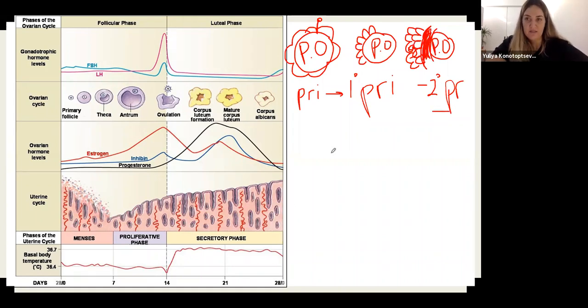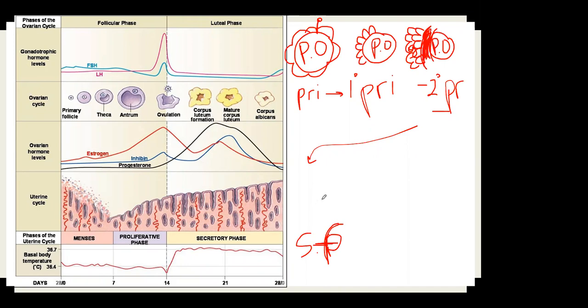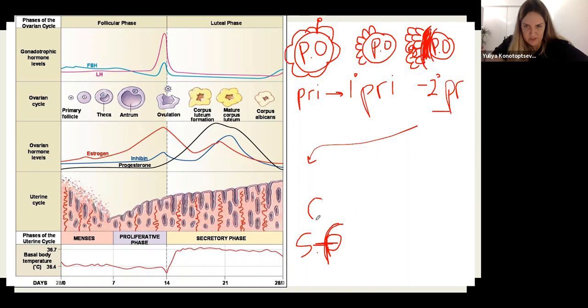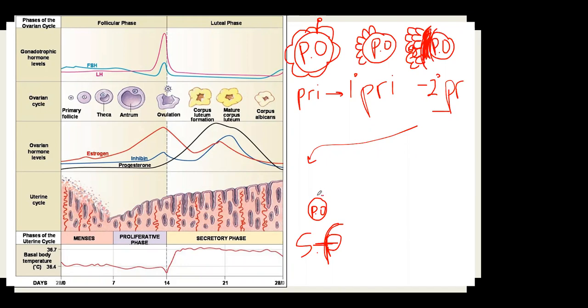Primary follicle becomes secondary follicle. Can we draw secondary follicle? What's happening? What is inside? Antrum in the granulosa cells. So hold on. In the secondary follicle, we still have primary oocyte. What is this primary oocyte surrounded by? Zona pellucida.